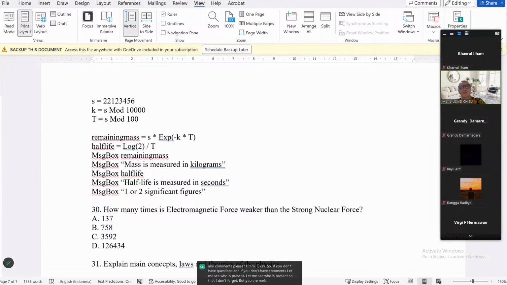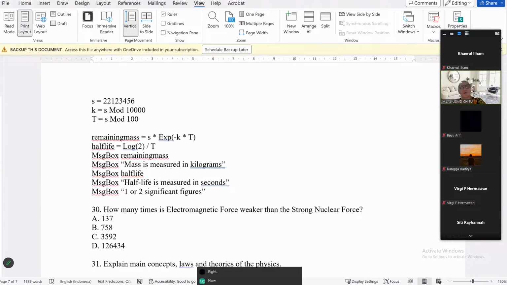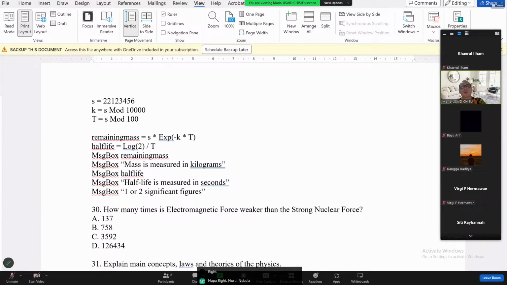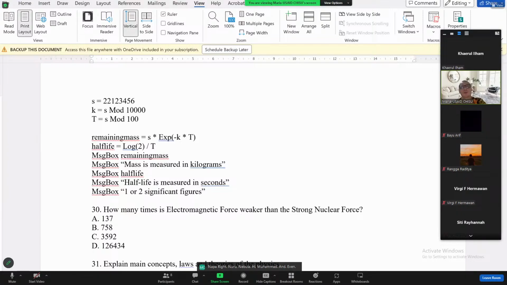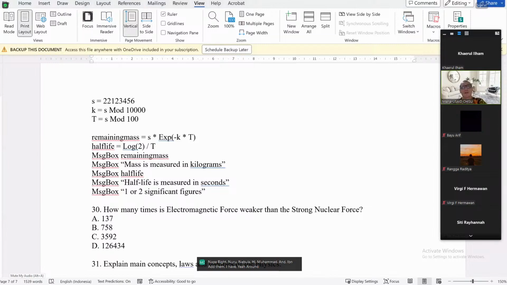Bayu Arif Setiawan, Muhammad Diyar Ramahan, Nabhan Muhammad Raihan, Nurul Nabila, Khairul Ilham, Muhammad Andhika Putra Pratama, Ibnu Salam, Adam Apriyasya, Ranga Raditya Putra Pratama, present, sir.